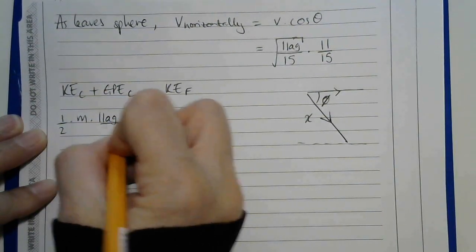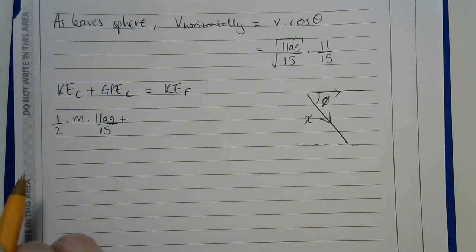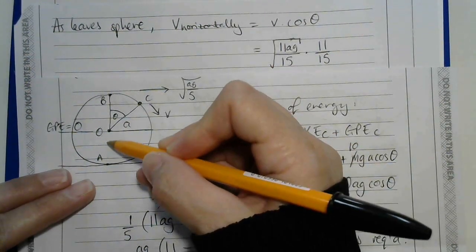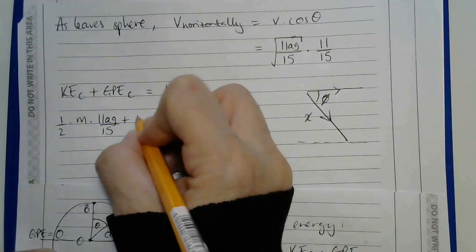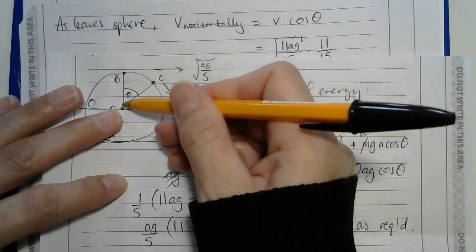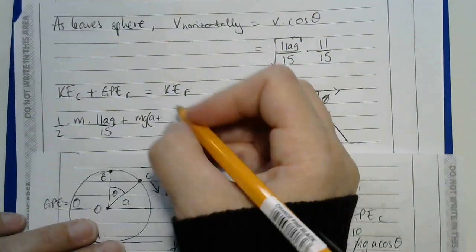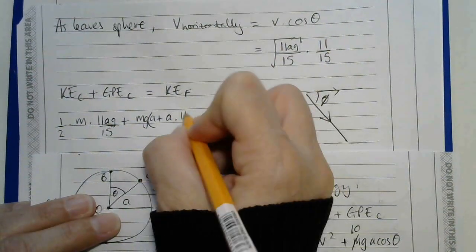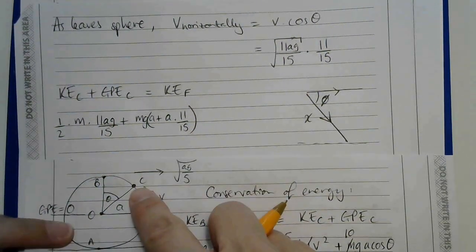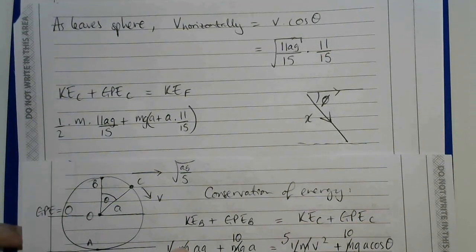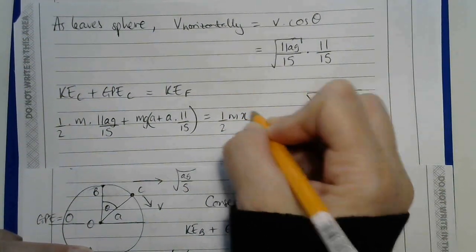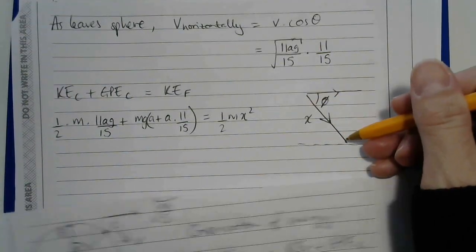So I've got 11ag over 15, plus the gravitational potential energy at C. At C it's up here compared to the floor, so I've got mga plus mg times this height here, which is a cos theta, and cos theta was 11 over 15. That's the gravitational potential energy at C compared to the floor. And that will equal the kinetic energy at F, which is half m x squared, where x is the speed it hits the floor with.